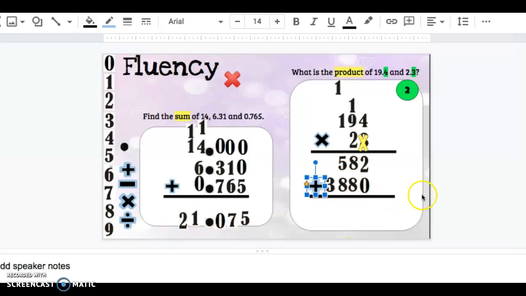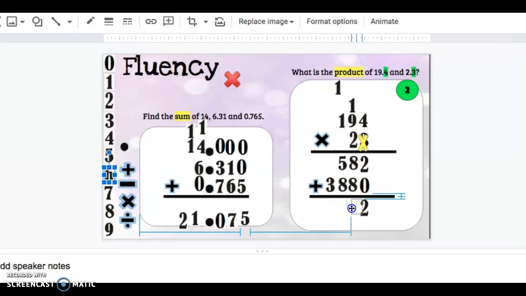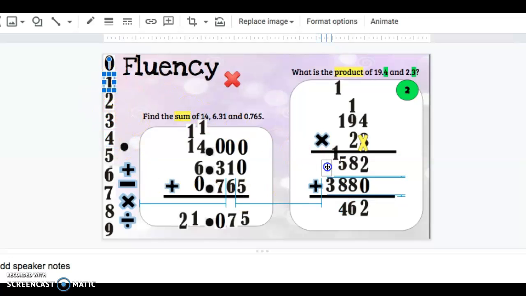So now we can add. 2 plus 0 is 2. 8 plus 8 is 16. 5 plus 1 is 6. 6 plus 8 is 14. Bring up the 1. And then you have 3 plus 1, which is 4.